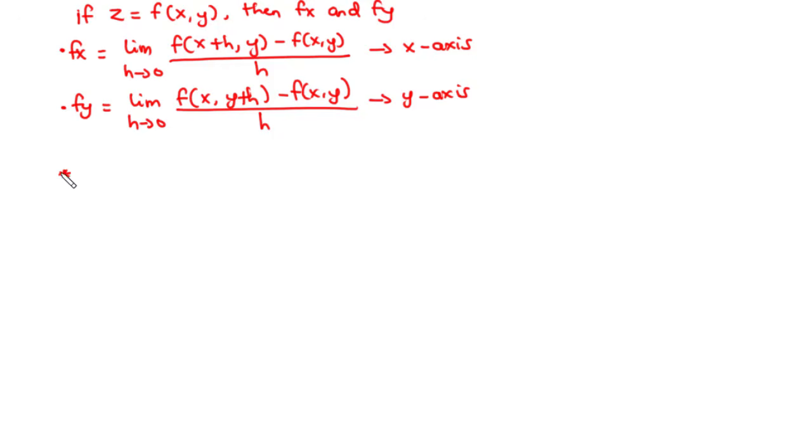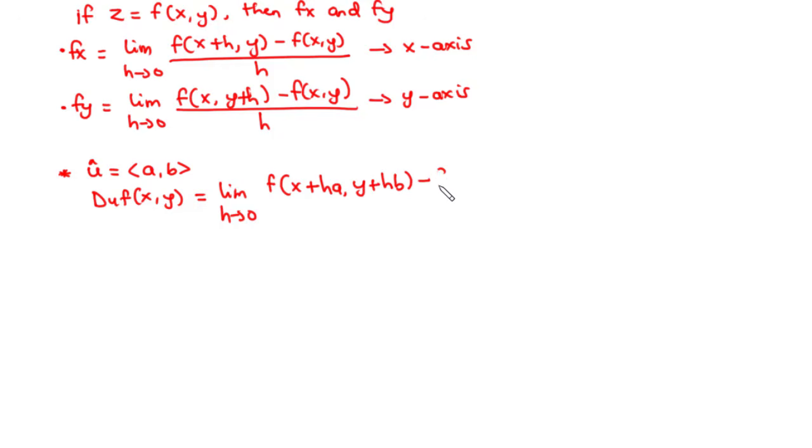So we say that the directional derivative of a function at a point x, y in the direction of an arbitrary unit vector u cap, which has components a, b, is given by du f of x, y, in terms of limits, the limit as h approaches 0 of f of x plus ha, comma, y plus hb, minus f of x, y, all divided by h.